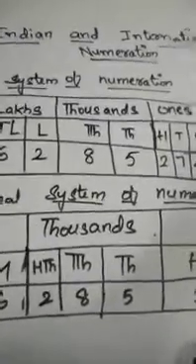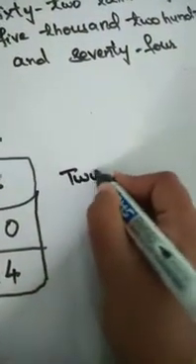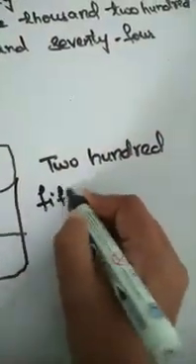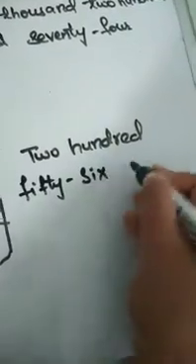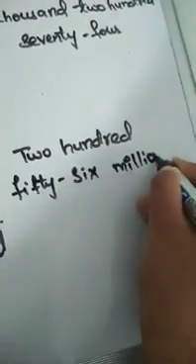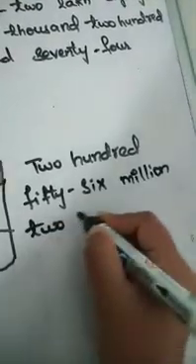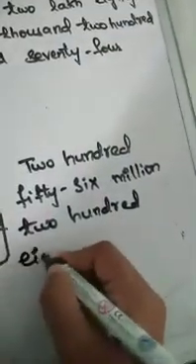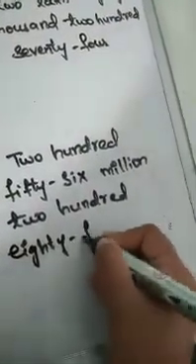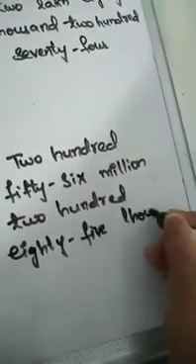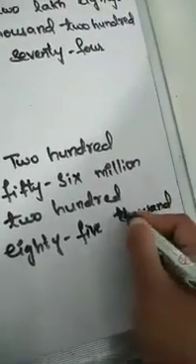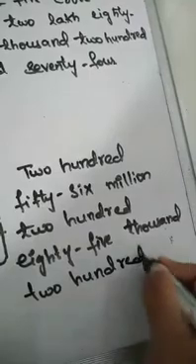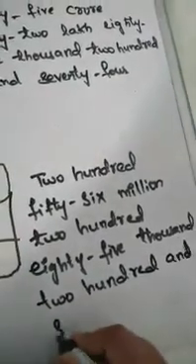Now I am writing this: 256 million, 285,000, 274.